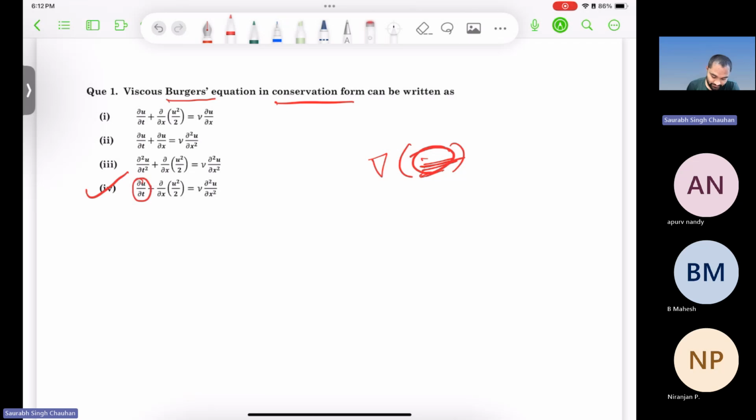So this is the temporal term, the time rate of change, and this is the spatial gradient term. It basically represents what is going inside the boundaries and what is coming outside the boundaries, right? And this term means the diffusion term. Okay, so this is the conservative form of the Burgers equations.